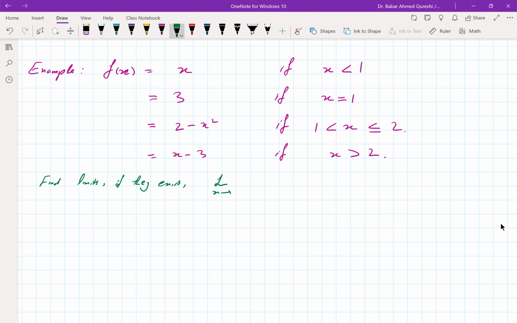So you want right hand limit at 1, left hand limit at 1, and the limit at 1. Similarly at 2. Right hand and left hand limits and the limit at 1 and 2. So it would be a bit helpful if I draw its graph.